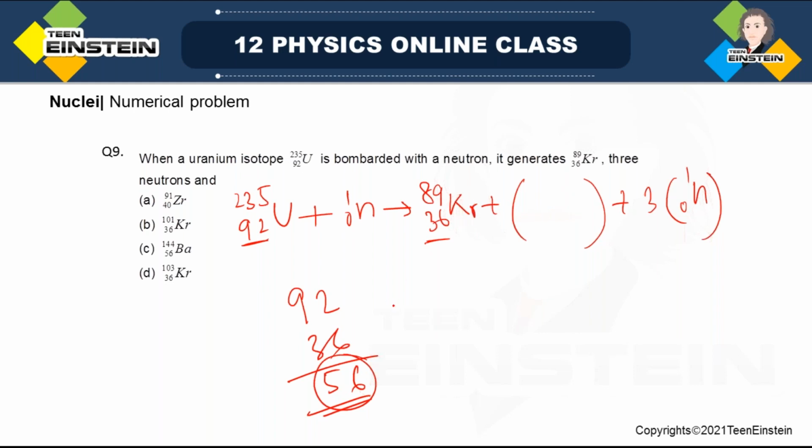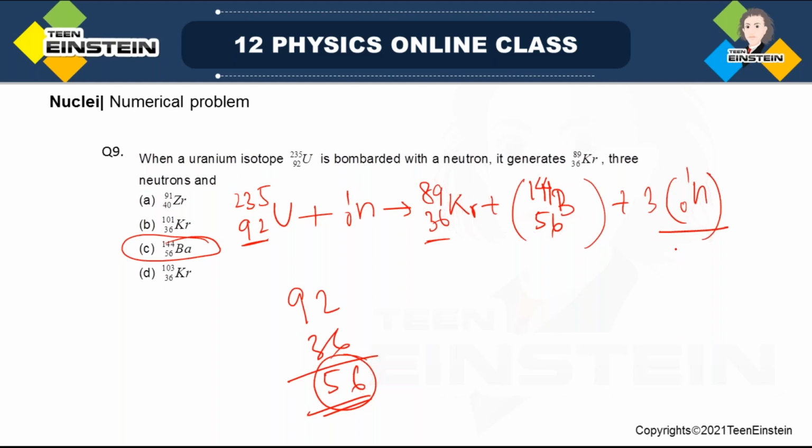See, 56 is barium. So barium 56, along with that there will be 3 neutrons.